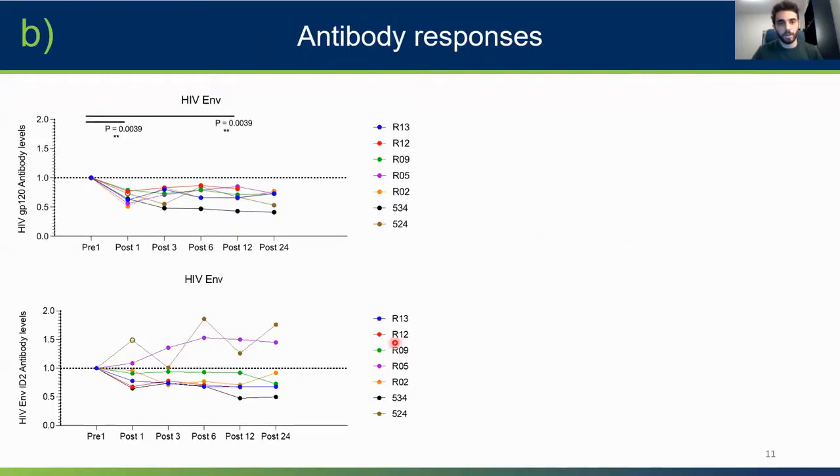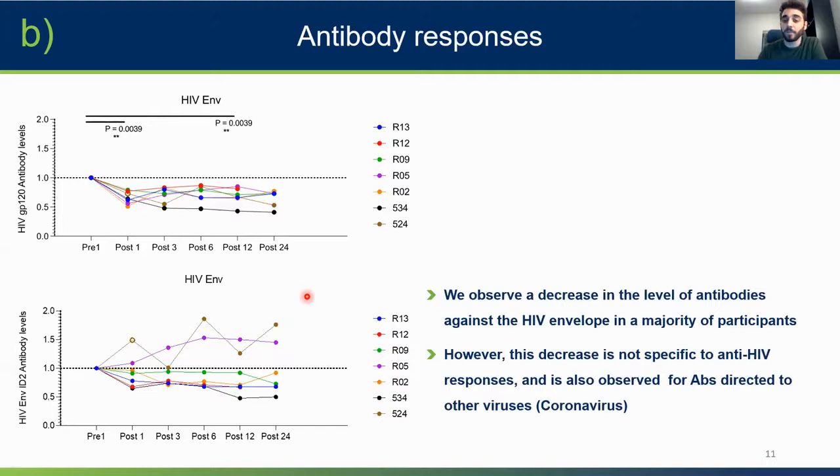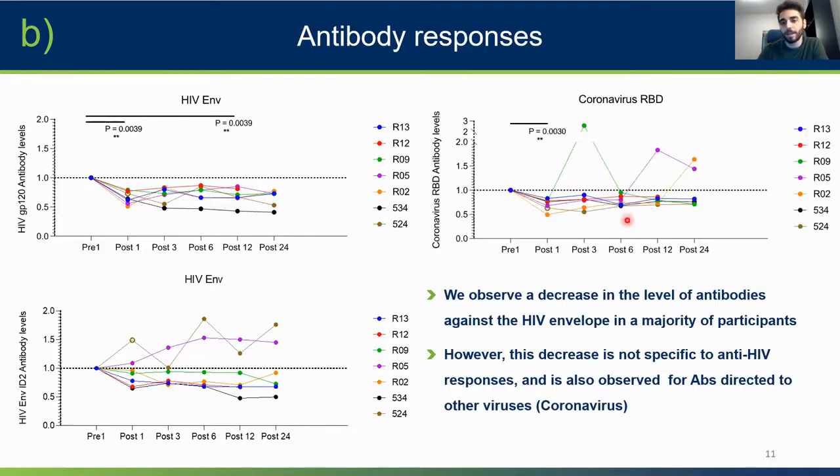Then when we focus on the antibody response, what we see here are the fold changes of the levels of antibodies found that target HIV envelope. And we do see that in the month following the transplant, we see a decrease that is maintained in most participants. However, that response is not specific to HIV response, because we did see the same trend in the drop in levels of antibody, but against coronavirus.